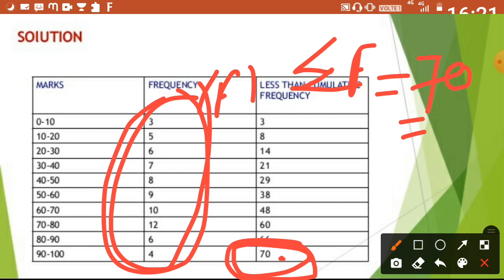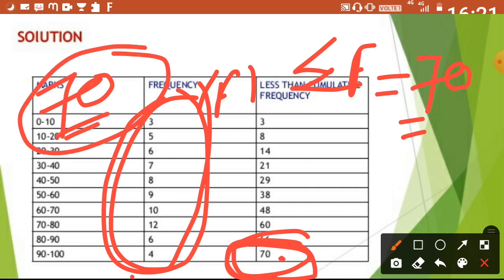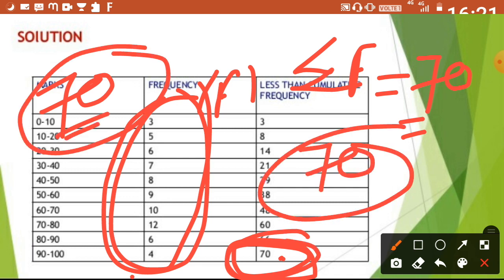If you try to add all these numbers, you will get 70. The last number will also be 70. If you don't get the last number the same as the summation of f, then you should know that you have made some error in the calculations and you have to perform the calculations again. Fine.